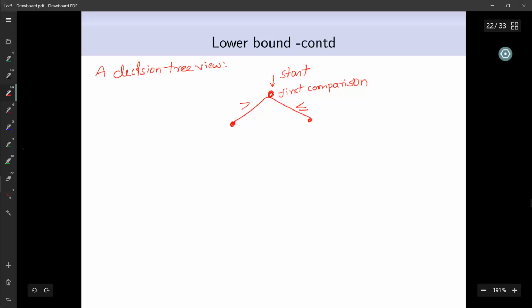It will in fact go into exactly one of these depending on the input A. Then for each of these, it will do a second comparison. Remember that the algorithm will be in one of these, it won't be both. The pictorial view is just getting all possibilities.